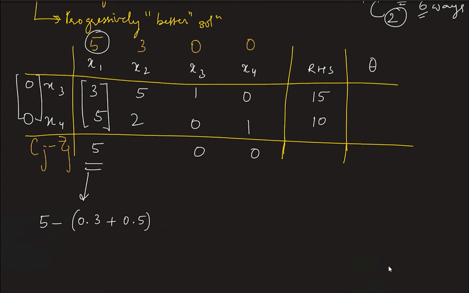That would be 5. Similarly, this would be 3 minus 0 into 5 minus 0 into 2. That would be 3. Here it would be 0 minus 0, that's 0. And similarly, here it would be 0 minus 0, that's again 0. In this case, for RHS, you do what's called a direct dot product. And here it would be again 0 into 15 plus 0 into 10. That's again 0.